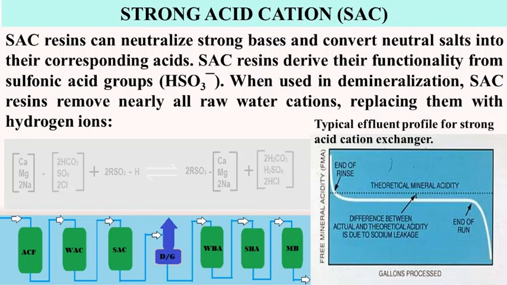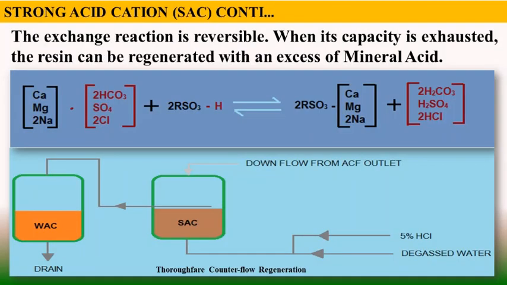In general, the sodium leakage increases as the ratio of sodium to total cation increases. In an SAC system, the exchange reaction is reversible. When its capacity is exhausted, the resin can be regenerated with an excess of mineral acid, and that way we can utilize it again for proper functioning.